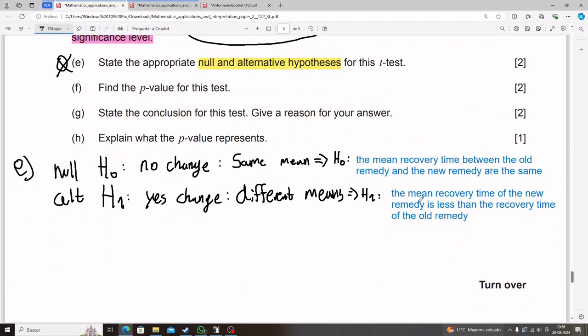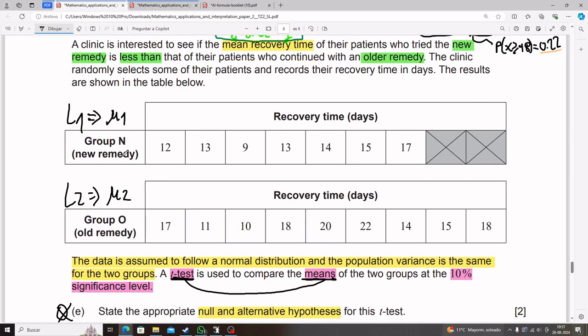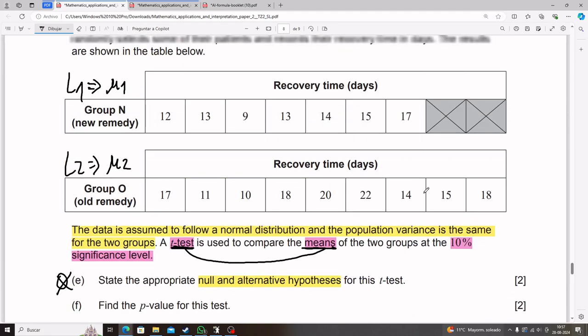So technically, if you wanted to put that in terms of math instead of words, although words are perfectly fine, you would say that for H0, the mean of your first one, of the new remedy, is equal to the mean of your second remedy.